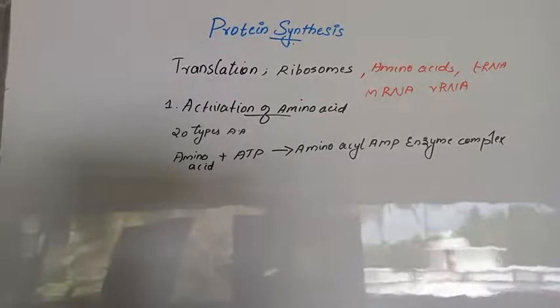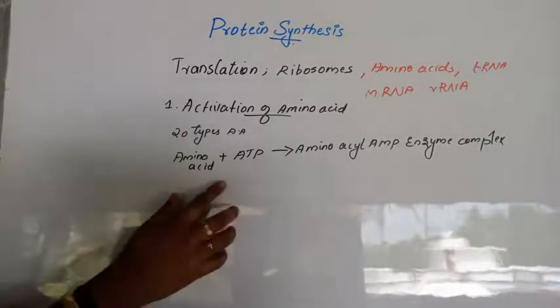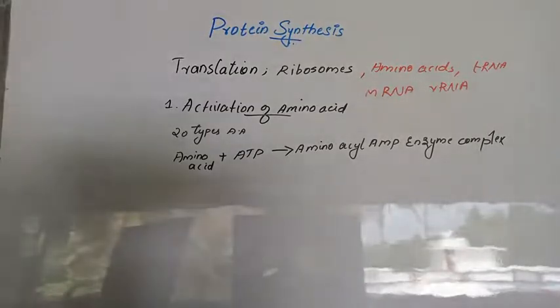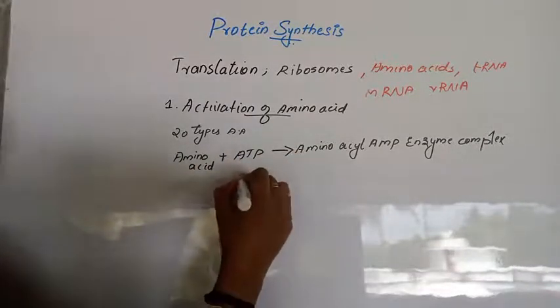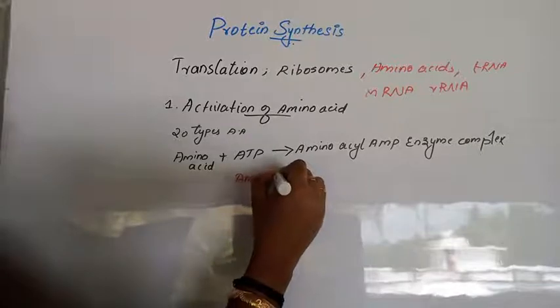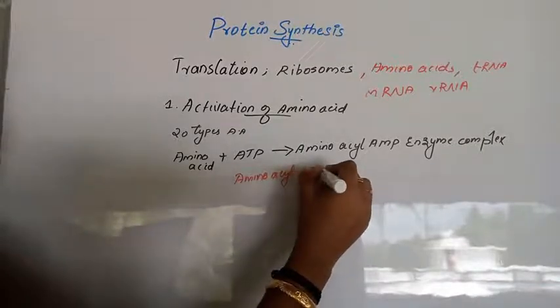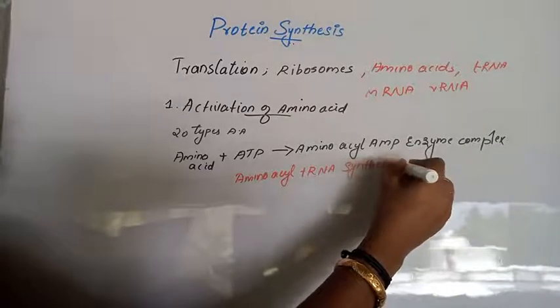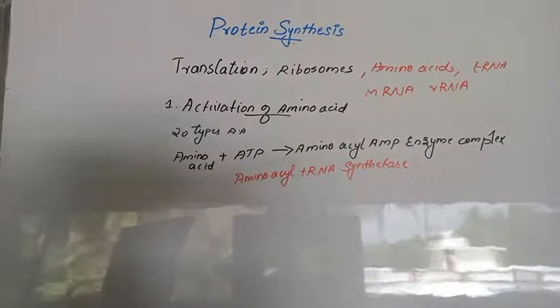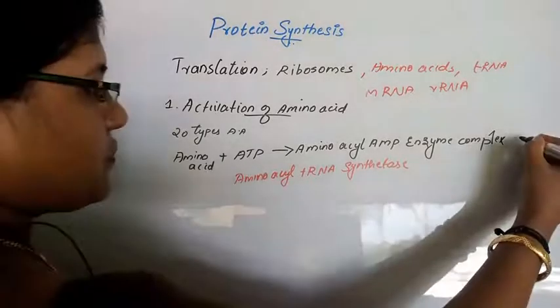So we will write: amino acid plus ATP combine with the help of an enzyme called aminoacyl tRNA synthetase, and give the aminoacyl AMP enzyme complex along with 2 inorganic phosphate.